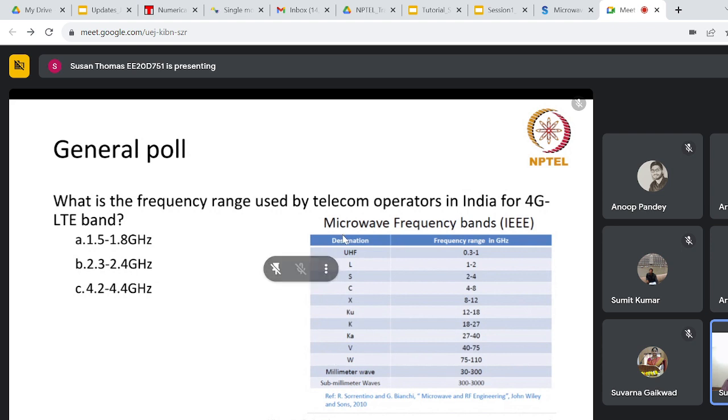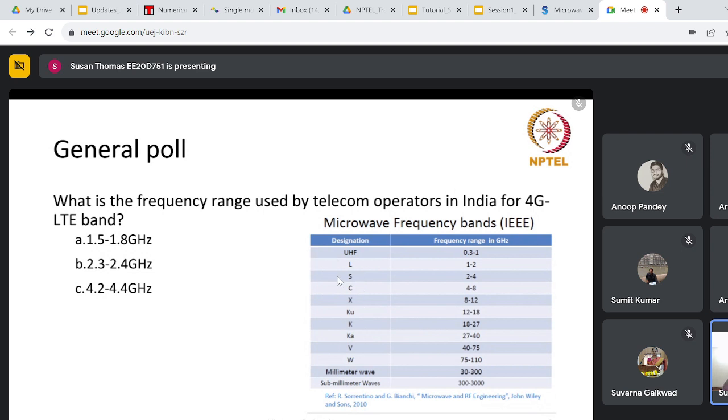The radar frequency bands were the very first reason for getting these different band names, L, S, C, X, and so on.